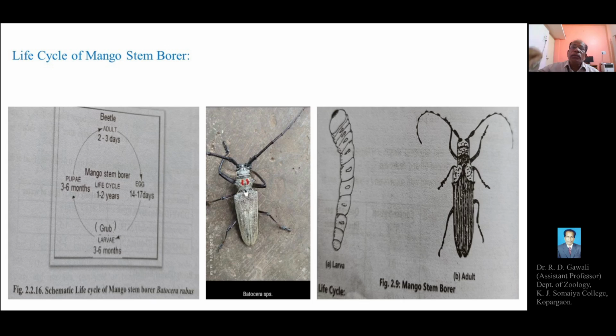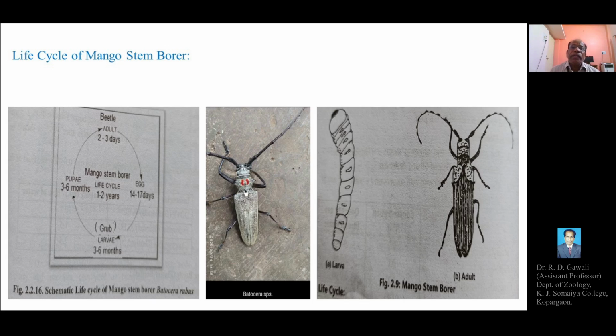This means the total time taken for the completion of the life cycle is about 1 year, or it may extend up to 2 years. In unfavorable surrounding conditions, the duration of the life cycle may extend up to 2 years.